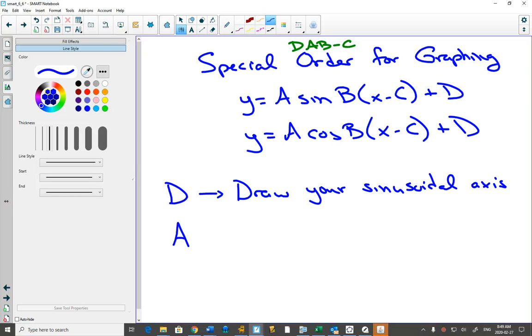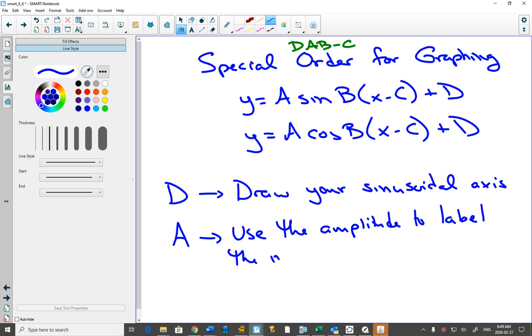And so we know that our amplitude is our A value, so we can use the amplitude to label the max and min values on our y-axis.